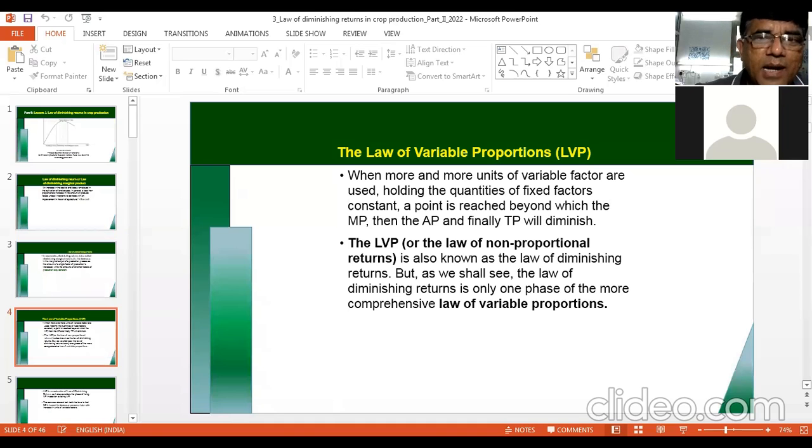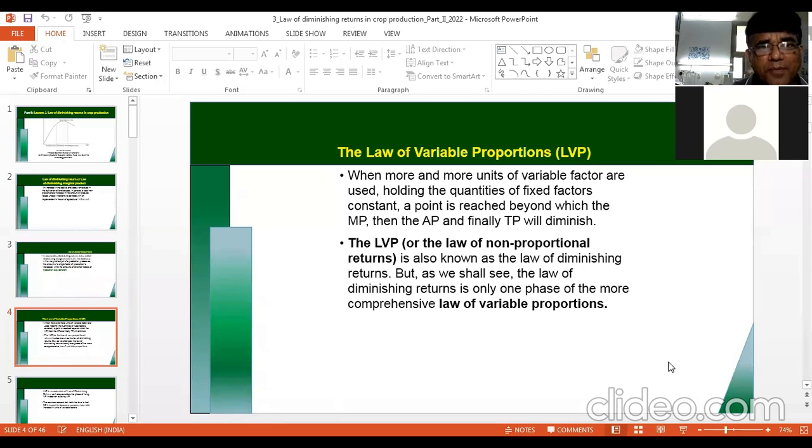So the first thing is that the law of variable proportion is a much bigger umbrella than the law of diminishing return. It has all three phases. In the first phase, your total return or total output increases at an increasing rate. In the second, it increases at a decreasing rate. In the third, it becomes negative.